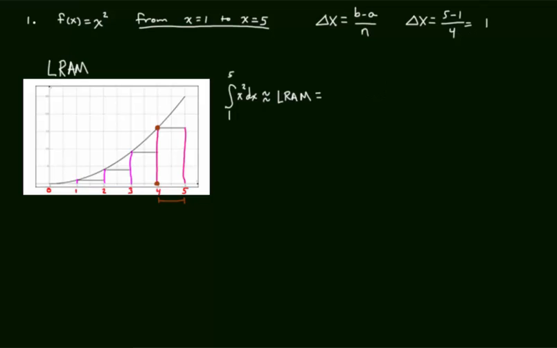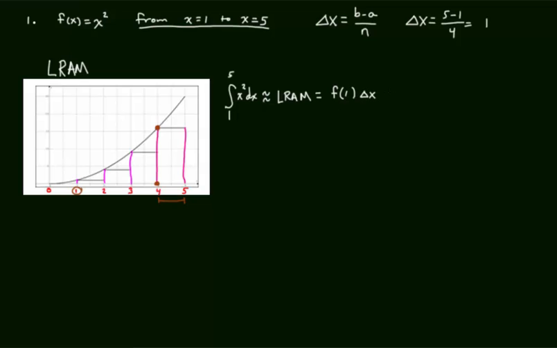But when you fill this out in the notes, I would like you to pretend that you don't know what change in x is so that you can follow the format. So the first rectangle is going to be f of, and this is the key to the problem, make sure you use the left points. So the first one is going to be f of the 1, the left endpoint, times the change in x.